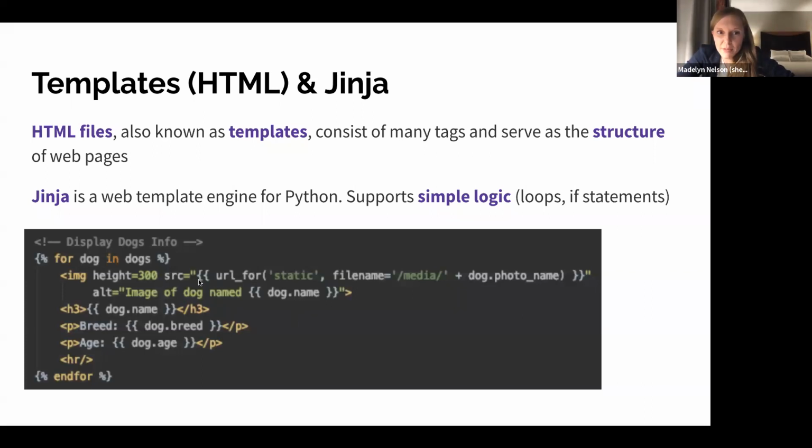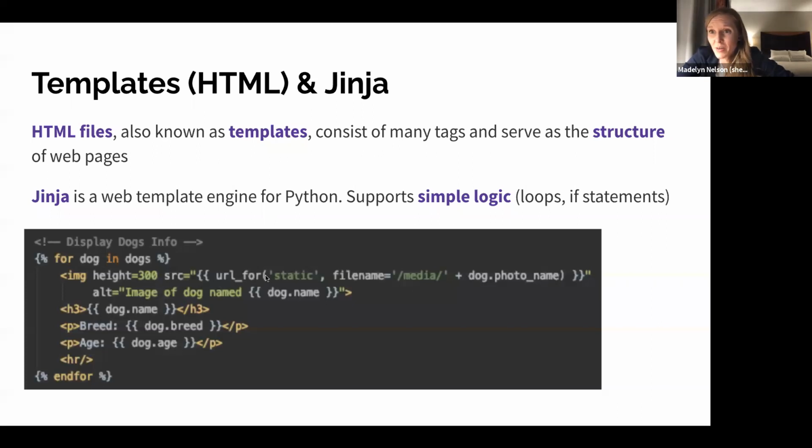Going back up to our image tag, we also have a url_for, for example. We'll talk next about our static folder, but if you want to import anything in your HTML, like a CSS file that's local or a JavaScript file that's local, or in this case, an image, you need to use url_for syntax.